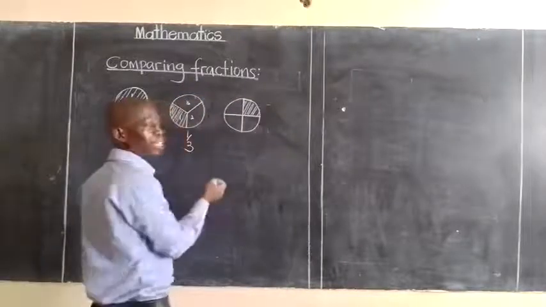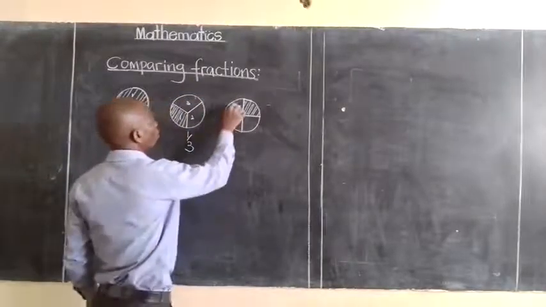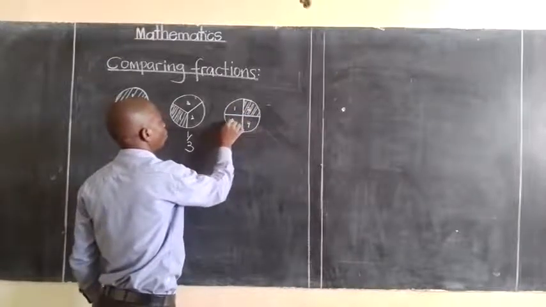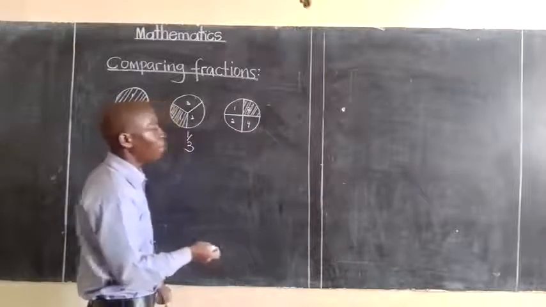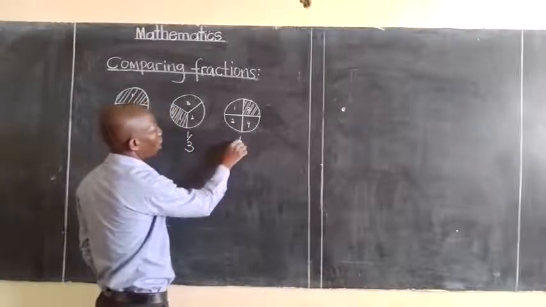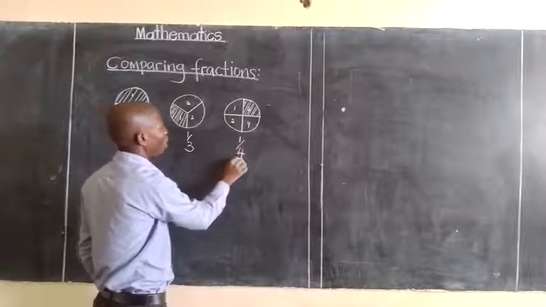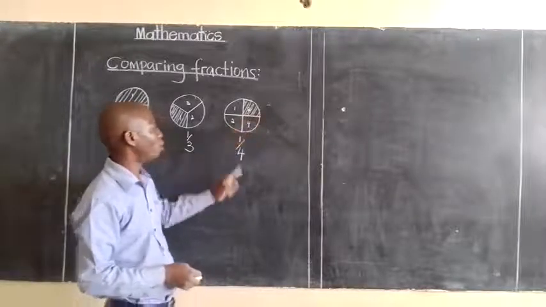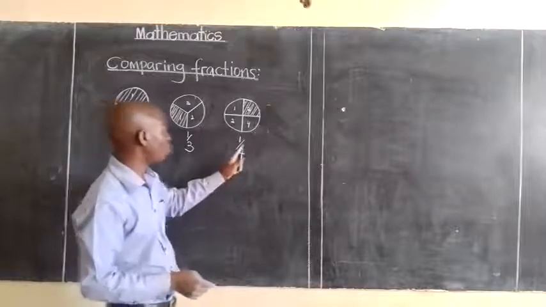This one has been divided into 4. 1, 2, 3, 4. So now we are having 1 part out of the 4 parts. 1 part has been shaded out of the 4 parts. So this one is 1/4.